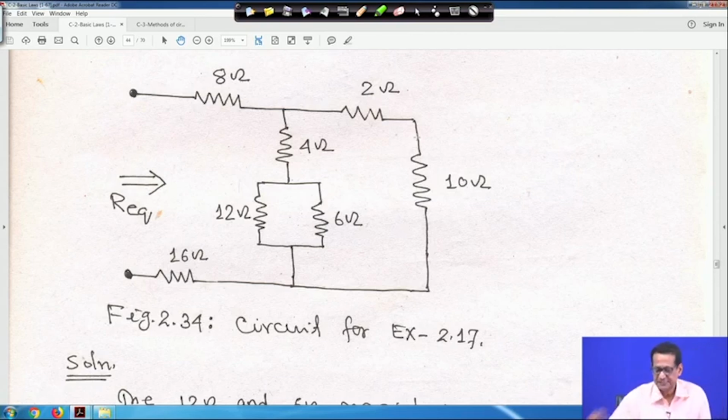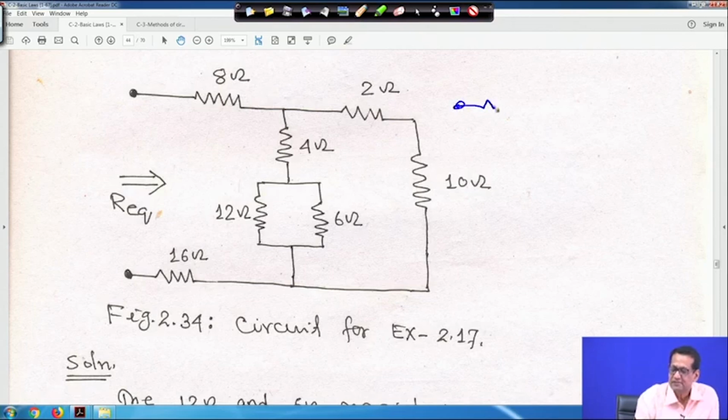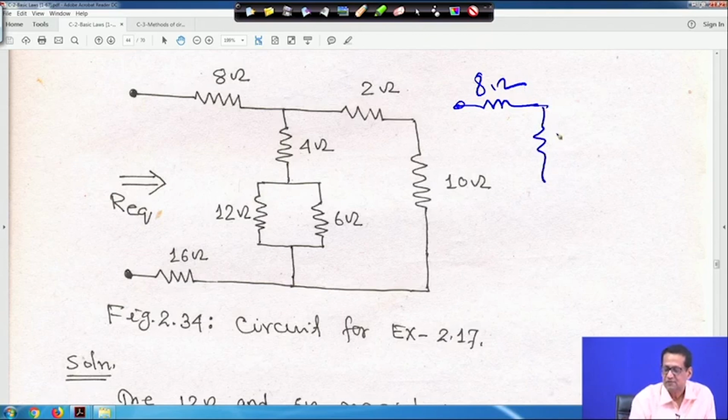Now, see how it is, right. So, before going to that I am making some calculation for you. So, this is your 8 ohm resistance, this is your terminal, this is your 8 ohm resistance, right. This is your 4 ohm, and this 12 and 6 are in parallel, right.